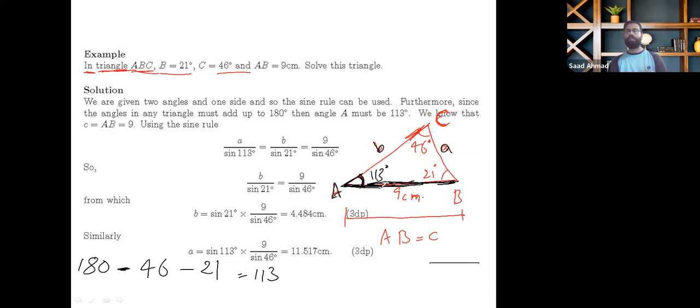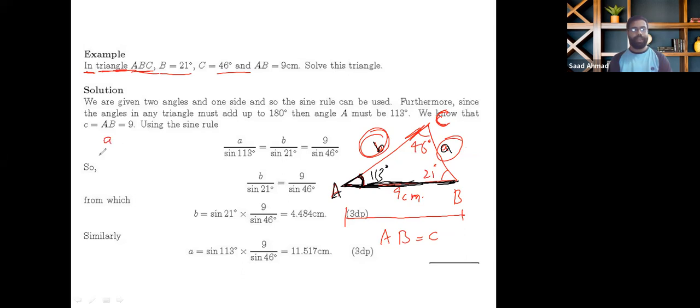Now two things remain that we need to solve for: the side length B and the side length A. Let's say we start with A. So A over sine angle A should be equal to the other ratio that we know.